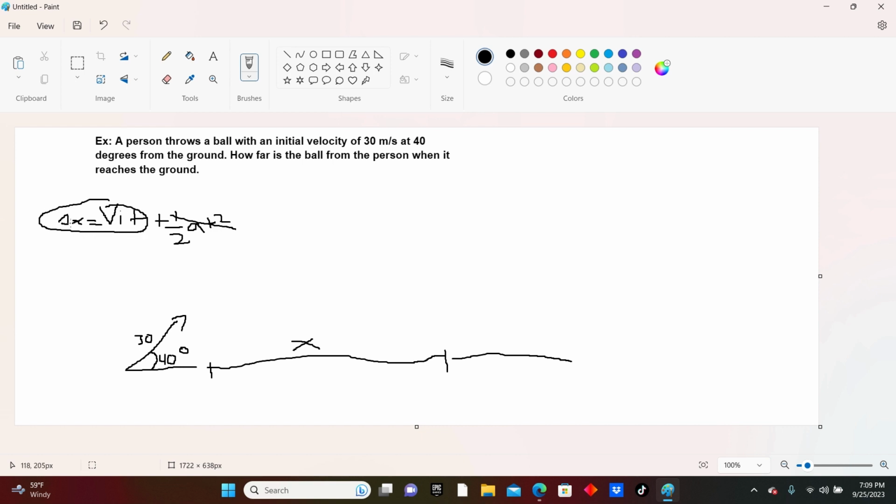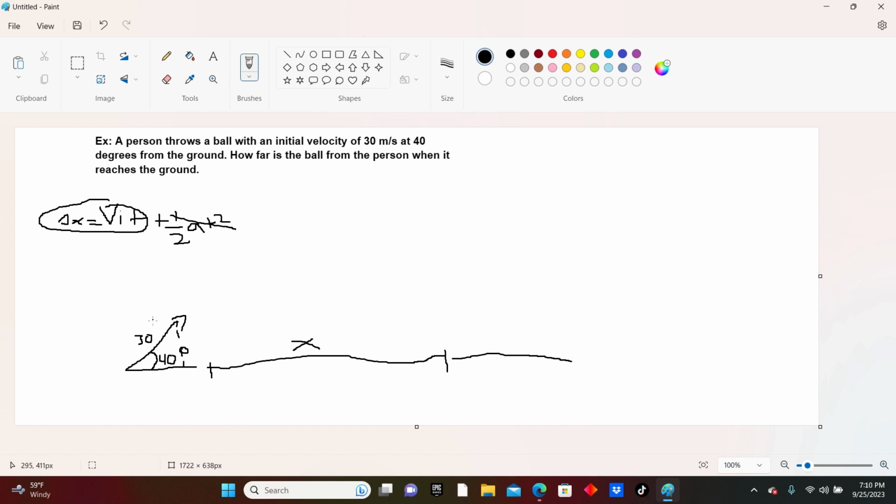But we have no sense of displacement and no sense of time, so we can use the vertical displacement equation to find the time, because we're given acceleration, and we can find the vertical component by breaking it into its vectors.